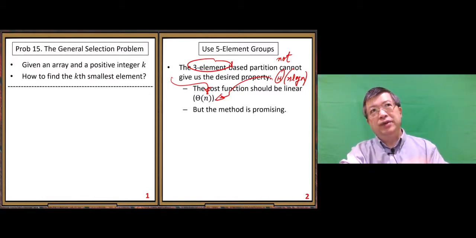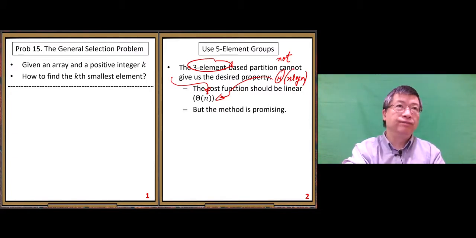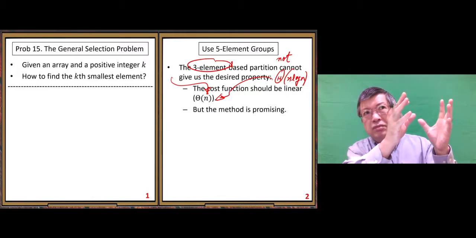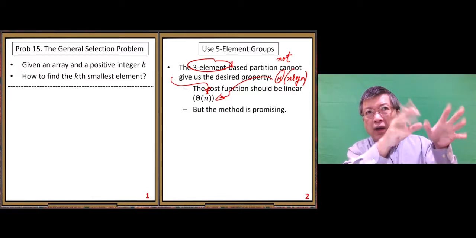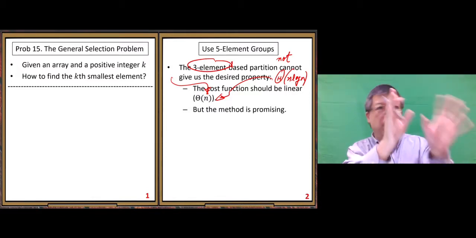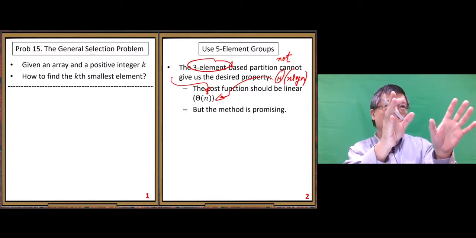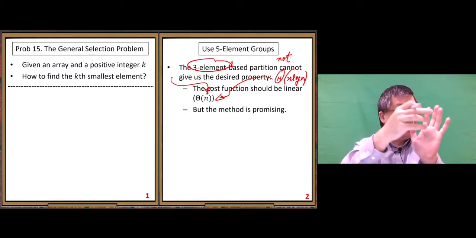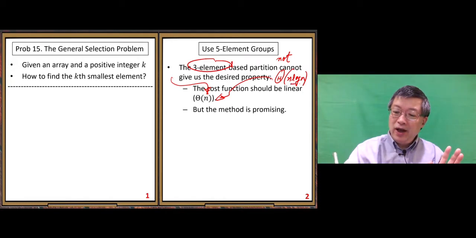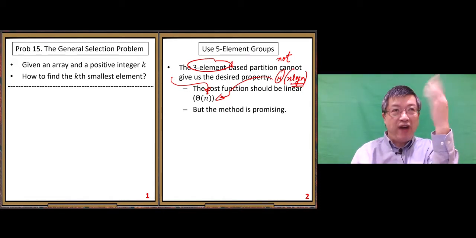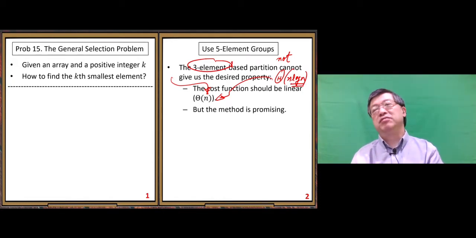If you look at the whole method, it is very smart. It gives us a result not quite there yet, but not too far away, right? Only a log n factor difference.